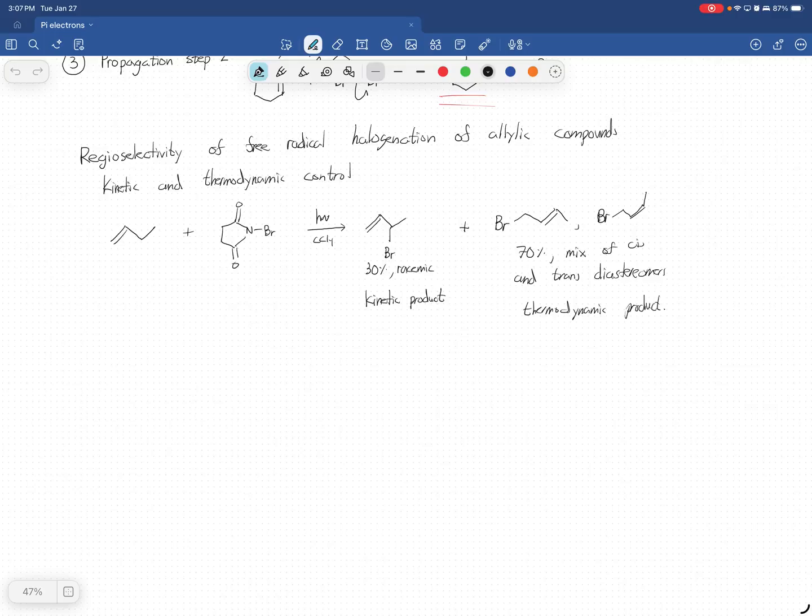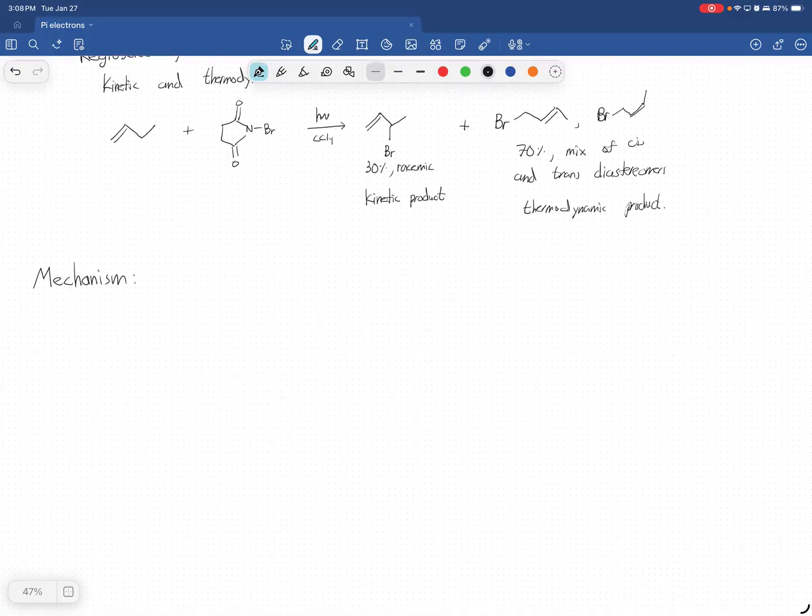All right, so let's talk about the mechanism here. By mechanism, I'm talking about how do these two products actually form, okay? So we have our double bond here. All right.